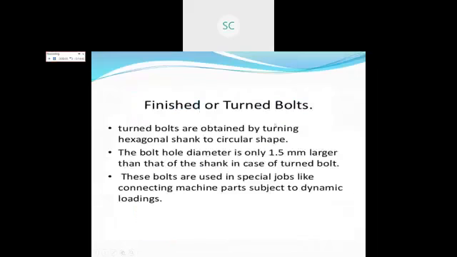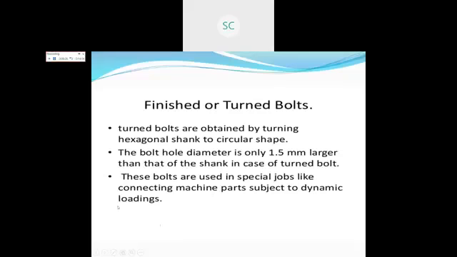Second, finished or turned bolts. Turned bolts are obtained by turning the hexagonal shank to circular shape. The bolt hole diameter is only 1.5 mm larger than that of the shank in case of turned bolts, and these bolts are used in special jobs like connecting machine parts subjected to dynamic loading.